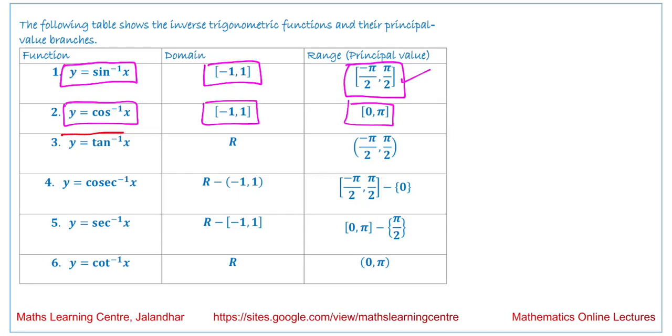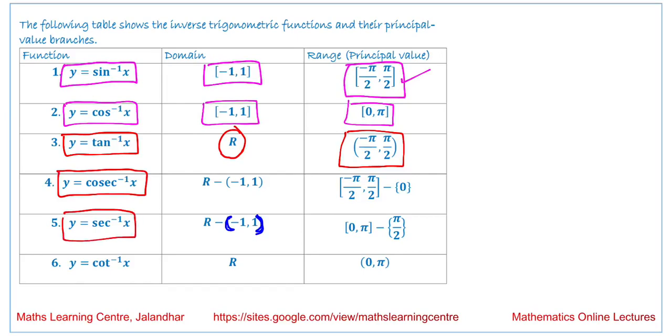Next we are talking about the function y is equal to tan inverse x. The domain of this function is R, and the range, or the principal values we are considering, is the open interval minus pi by 2 to pi by 2. Next we have the functions y is equal to cosecant inverse of x and y is equal to secant inverse of x.